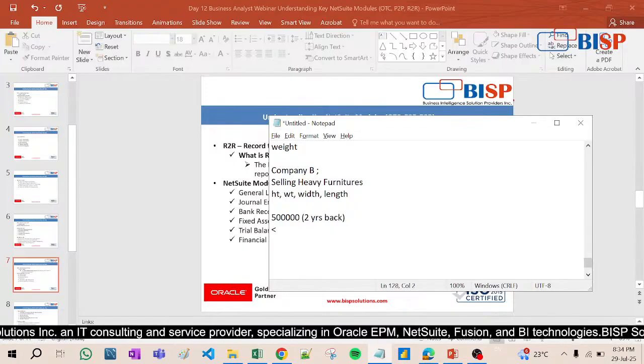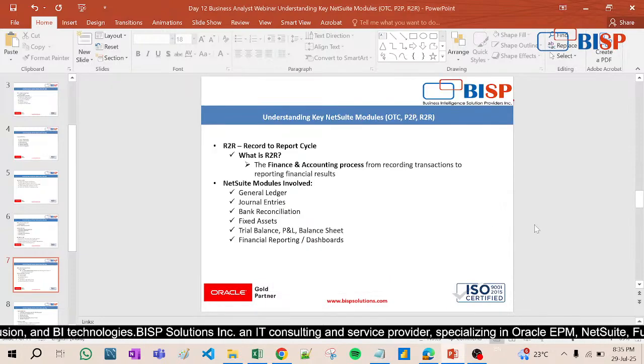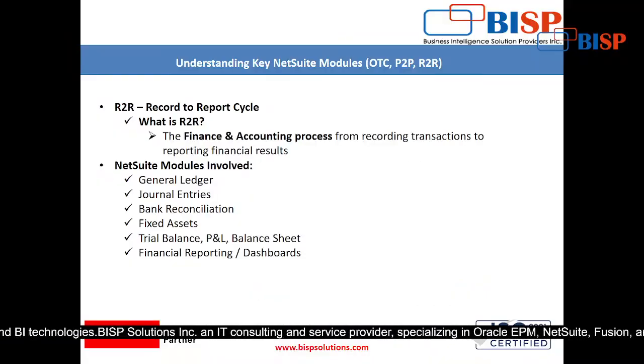Definitely less than 5 lakh rupees, right? And suppose there is any repairing in the tractor, so it will be reduced to 4,50,000, right? And suppose the technology is outdated, in that case it becomes less than 3 lakh Indian rupees. So this complete process is covered under fixed assets management.